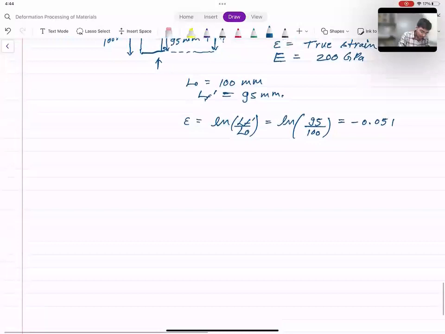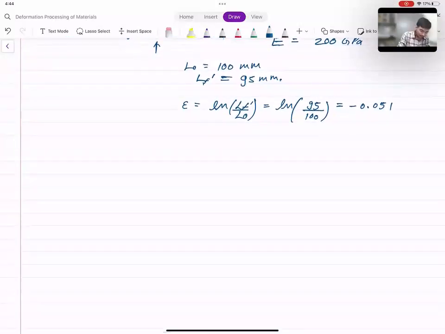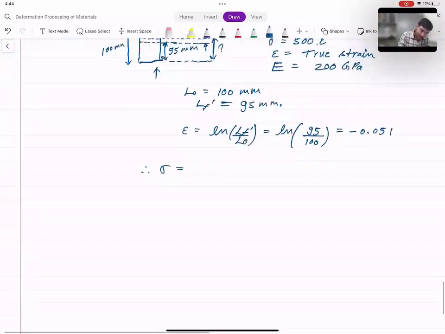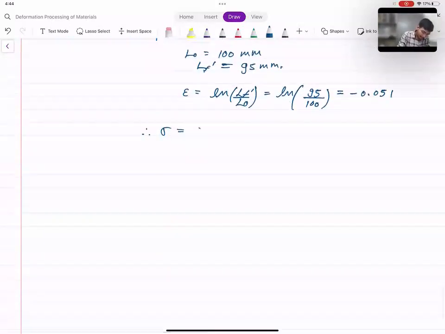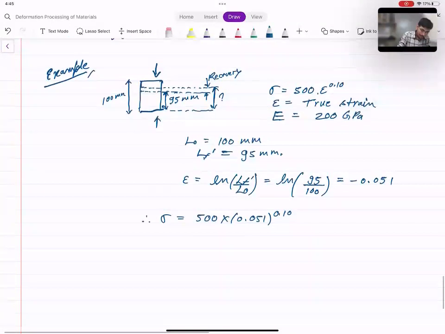So in this case, sigma will be, this was 500. Okay, so this becomes 500 into 0.051 to the power 0.10. Yes.